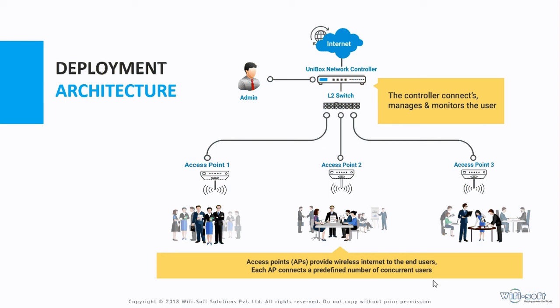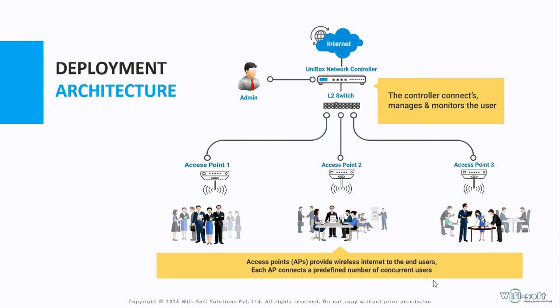But nonetheless, if you have an existing network and you want to install UniBox on it, you can have it working with many other different vendor access points. The only requirement for UniBox is that these access points need to be in bridge mode for it to issue IP addresses to the end devices.